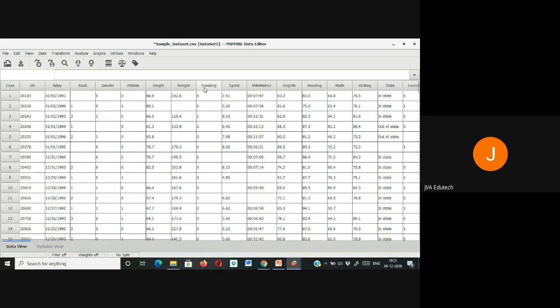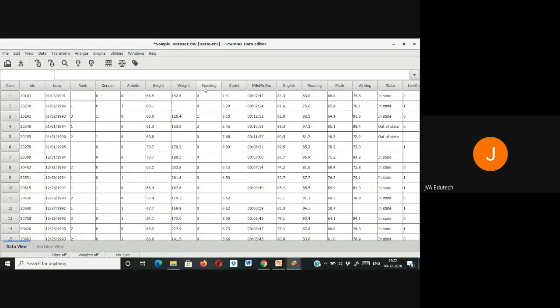It is a group of smokers divided into three categories, where zero is non-smoker, one is past smoker, and two is current smoker. So this grouping variable smoking is an indicator about whether or not the respondent smokes. Again, the respondent is divided into three categories: non-smoker, past smoker, and current smoker, indicated by 0, 1, and 2 respectively.